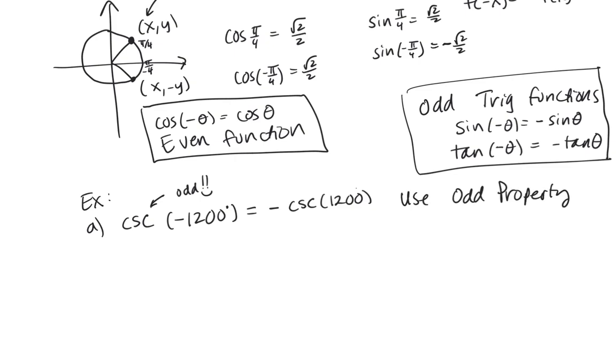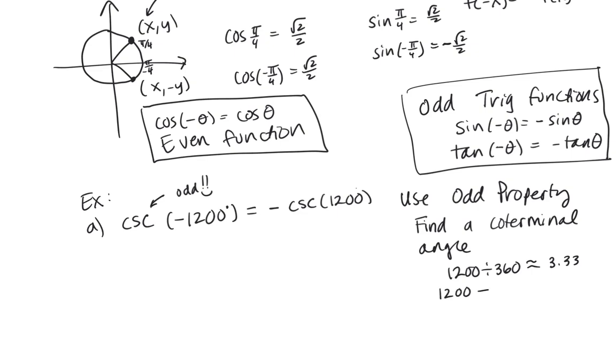Next, let's simplify that 1,200. Let's find a coterminal angle that has the same cosecant value. So 1,200, that's obviously bigger than a full rotation. So let's find out how many full rotations there are by dividing by 360. And we get about 3.3 something. And so we'll subtract those 3 full rotations, and a full rotation is 360.